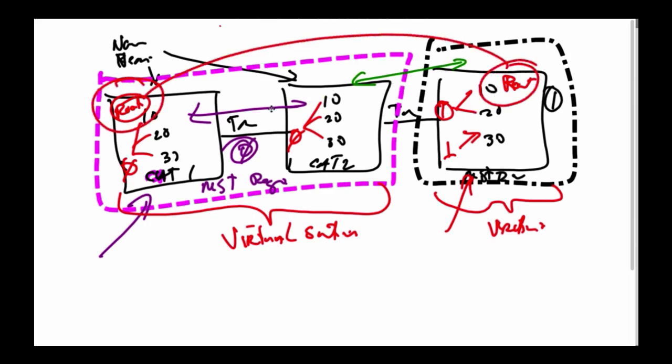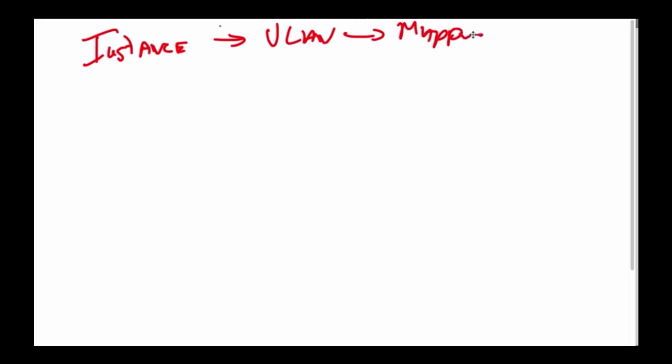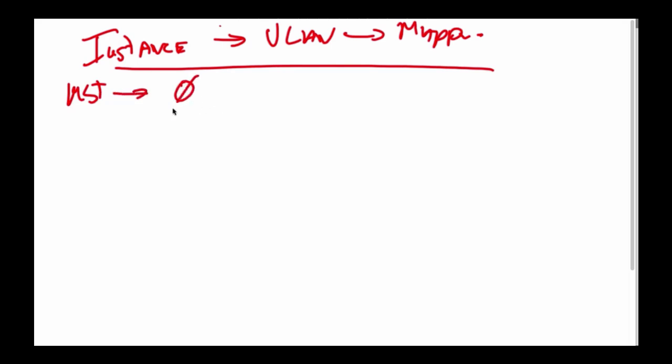Now, how do we make these configs? Like I said, we also have that instance to VLAN mapping. Remember, this is one way I can take devices that are running MST, and we're going to have instance 0, which has all VLANs by default.